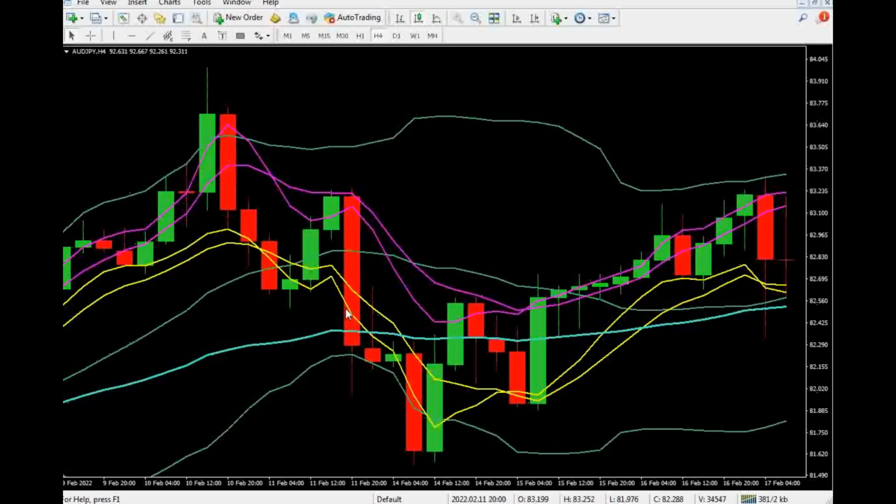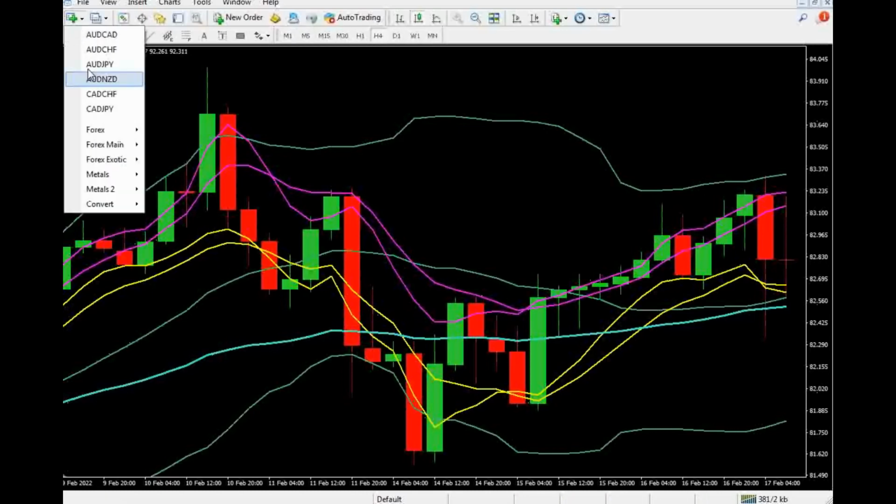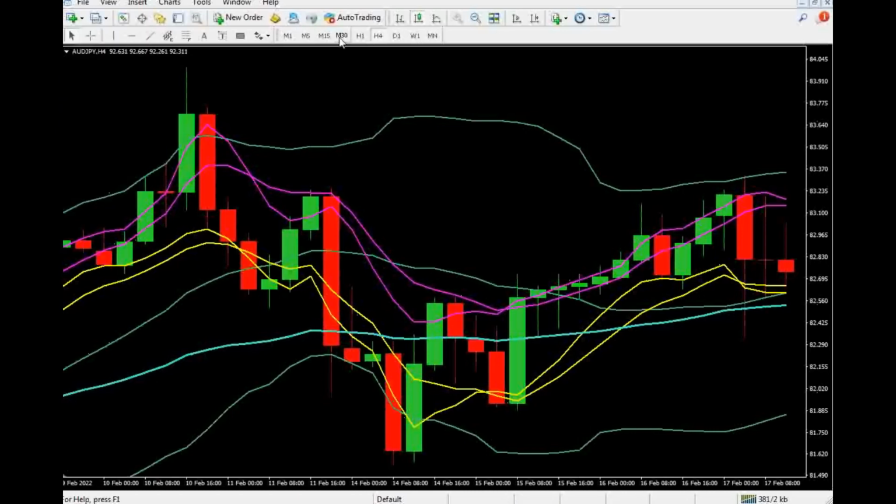So what we do, if there is no place for our open position, is look for another one. You can see in another price chart, another pair, and another time frame.